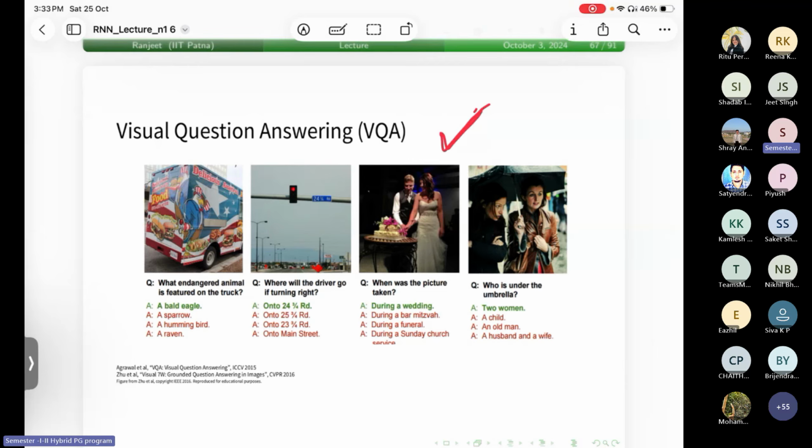This paper came in ICCV 2015 and then CVPR 2016. What they have done is try to ask questions about the image. Like, this is the image, and I was asking when was the picture taken? I think during a wedding. Then who is under the umbrella? Two women. So just asking the question and your model is giving the answer.